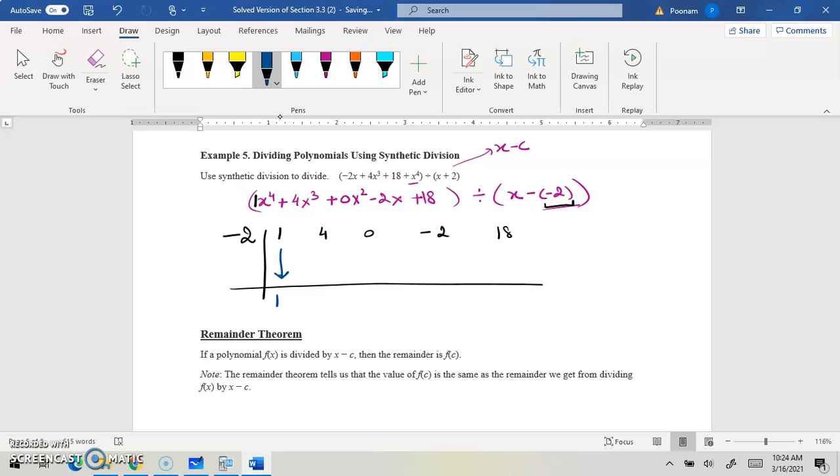We multiply negative 2 with 1, it becomes negative 2. Add the entries in the column, 4 minus 2 is 2. Negative 2 times 2 is negative 4. 0 plus negative 4 is negative 4. Negative 2 times negative 4 is 8. Adding these two, we get 6. Negative 2 times 6 is negative 12. Adding these two, we will get 6.